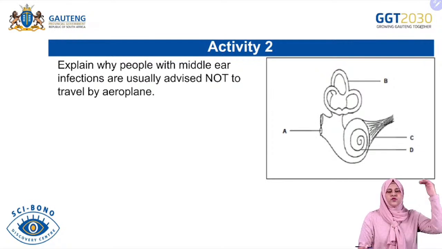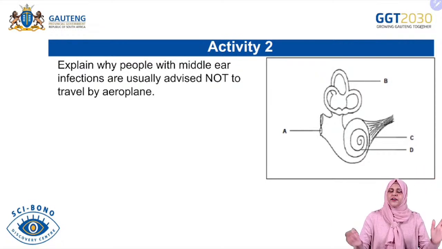We can talk about scuba diving, flying in an aeroplane, parachuting, the same thing. So you just need to know what part is being affected. And if that part is being affected in some negative way, it's not going to be able to perform its function, and therefore it would cause a problem.